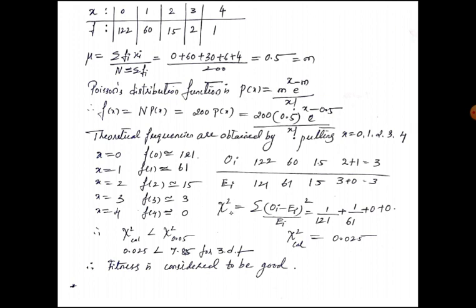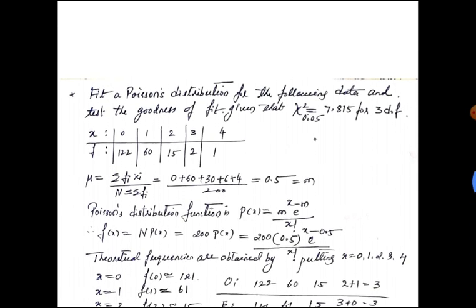Now calculate chi-square as summation of OI minus EI whole square upon EI. As you did in the previous example, just substitute and simplify, you get the chi-square calculated value as 0.025. Now observe, chi-square calculated is less than the chi-square table value which is given in the question.